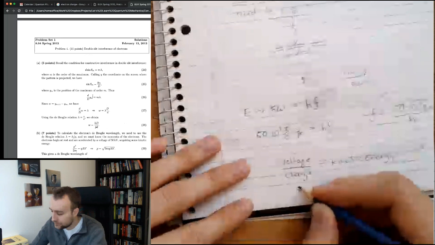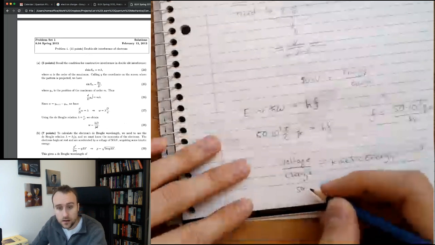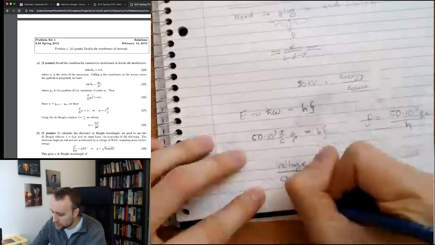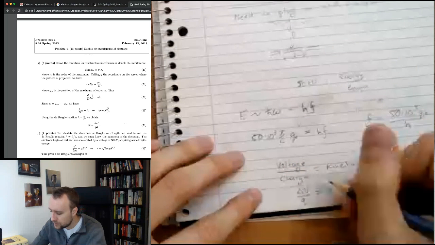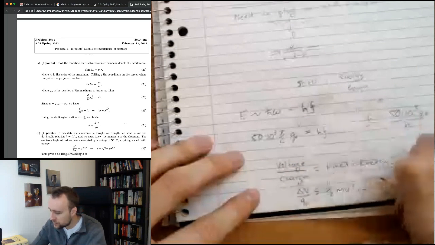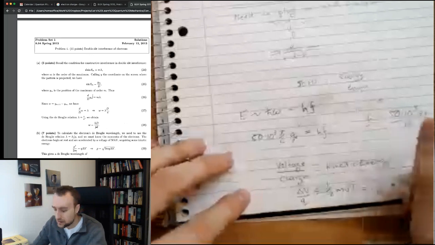And then that was 50. I'll use their notation. So this is delta V over Q is equal to 1/2 m v squared, which is equal to 1/2 mass of the electron, sub e, v squared.